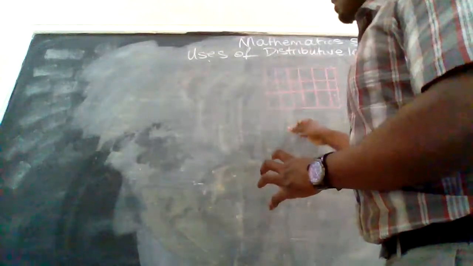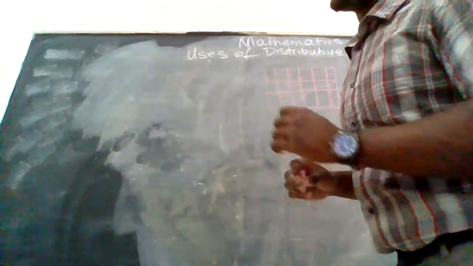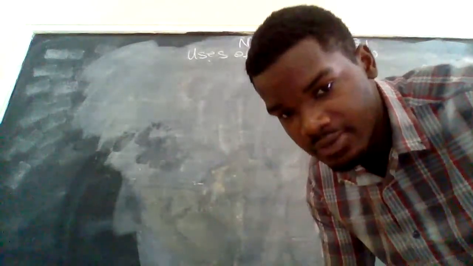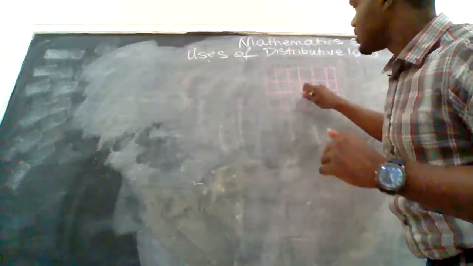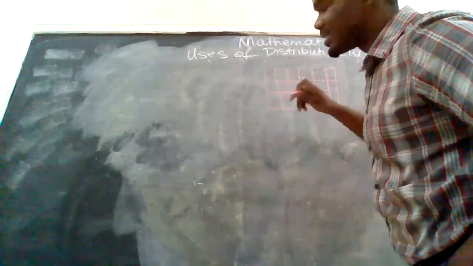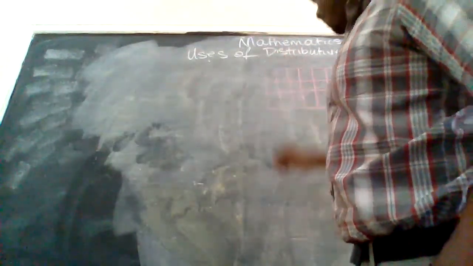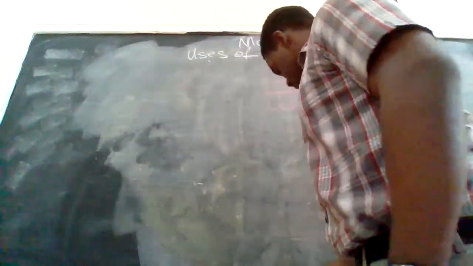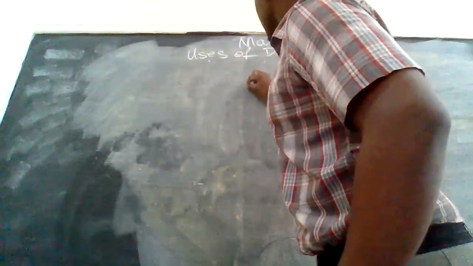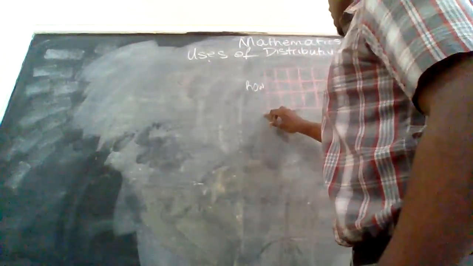In all, I would want to know how many pieces of chocolate are here. To know that, you add each together, but adding them singly, 1, 2, 3, 4, 5, takes a lot of time. So you can use the distributive law. On the vertical side, it has a row, and on the horizontal, it's a column.